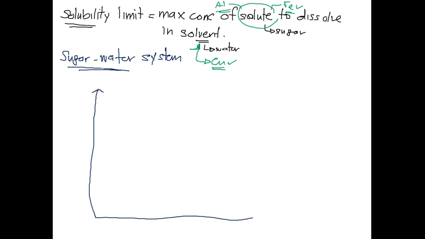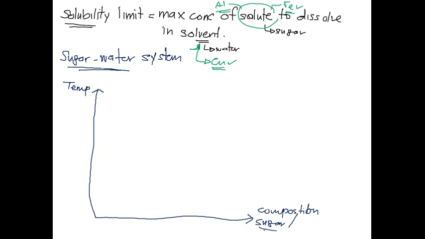So the y-axis is the temperature, while your x-axis is your sugar composition.